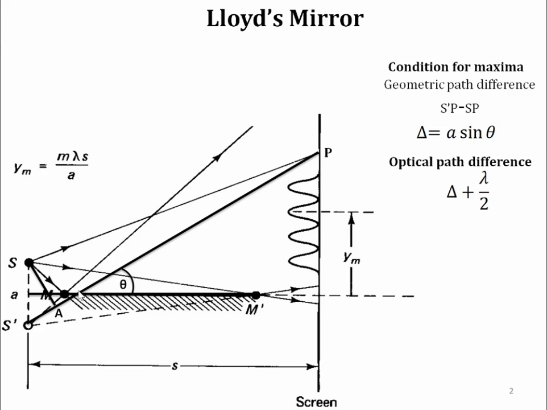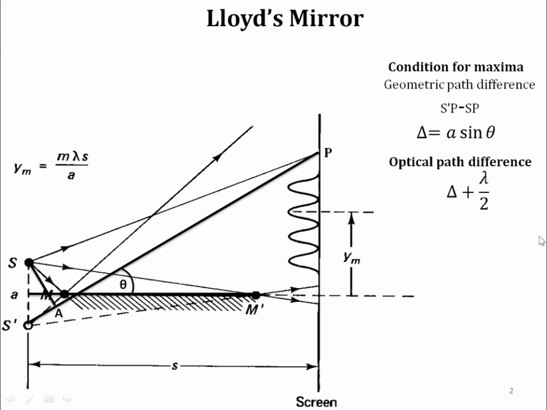Now I hope you have understood it well, that whenever light suffers reflection at the interface of two media, such that the lower medium has a higher refractive index in comparison to the one above, there happens a sudden phase change of pi, and that phase change of pi because of reflection leads to a path difference of lambda by 2, because phase change of 2 pi is equal to path difference of lambda, and phase change of pi will be equal to path difference of lambda by 2.